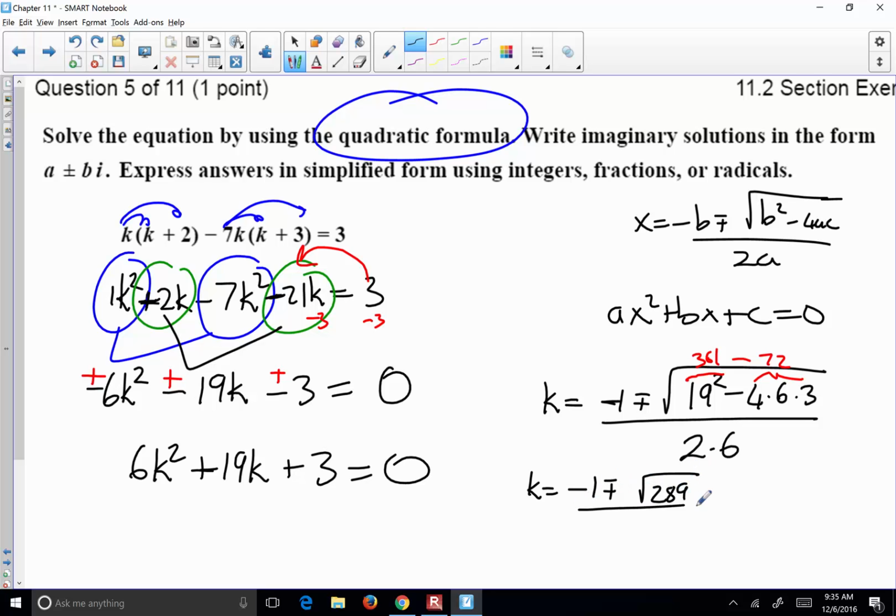First take a calculator and punch in these numbers, see if you can compute the square root of 289. I believe you can. Square root of 289 is 17 times 17, so it's 17 only.